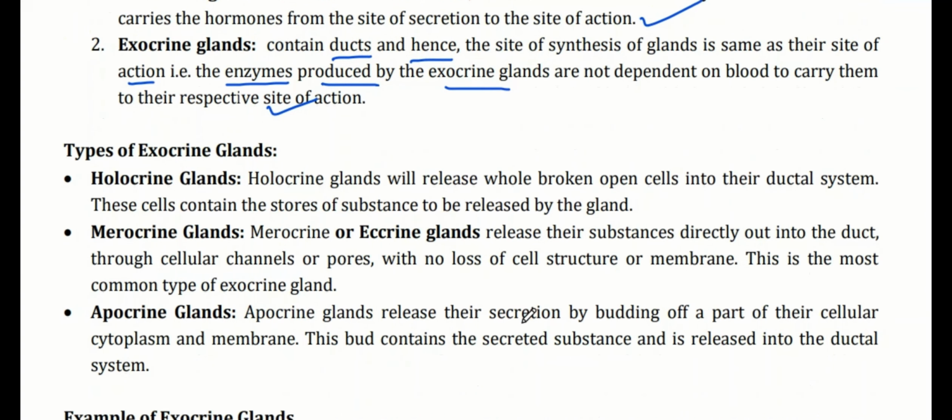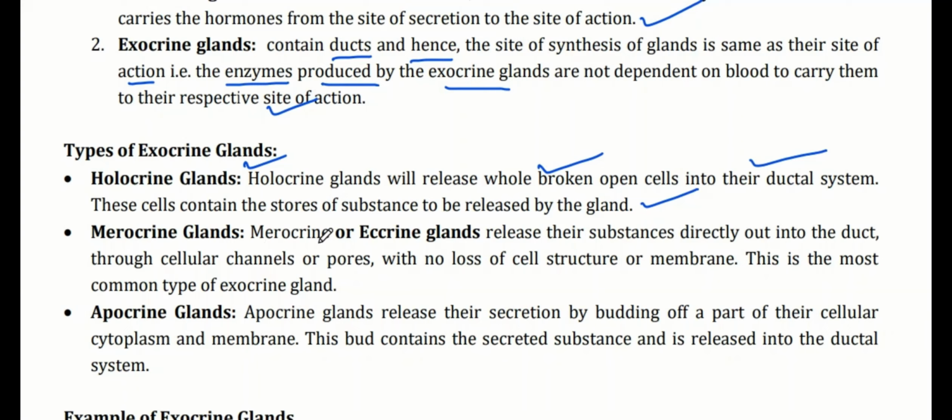Now, the next point: types of exocrine glands. Holocrine glands release whole broken open cells into their ductal system. These cells contain the stores of substance to be released by the gland.